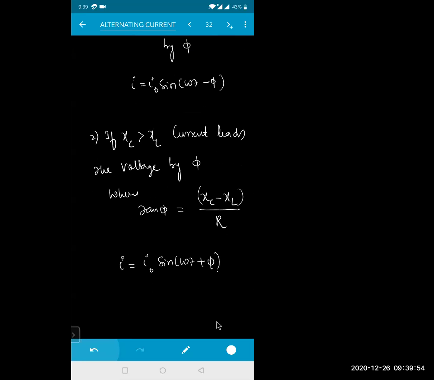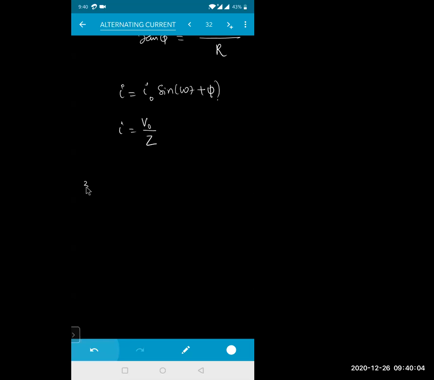Where I is equal to V naught divided by Z. I is equal to V naught by Z, part of the relation. And the third condition, if XL is equal to XC, then the phase difference will become 0.